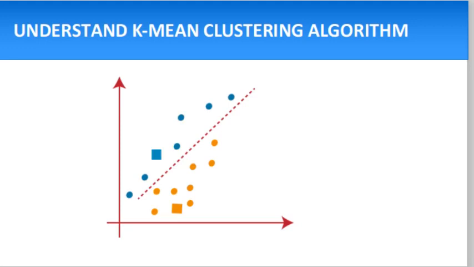Next, it is clear that points on the left side of the line are near to the K1 or blue centroid, and points to the right of the line are close to the yellow centroid. Okay, so let's color them blue and yellow for clear visualization.